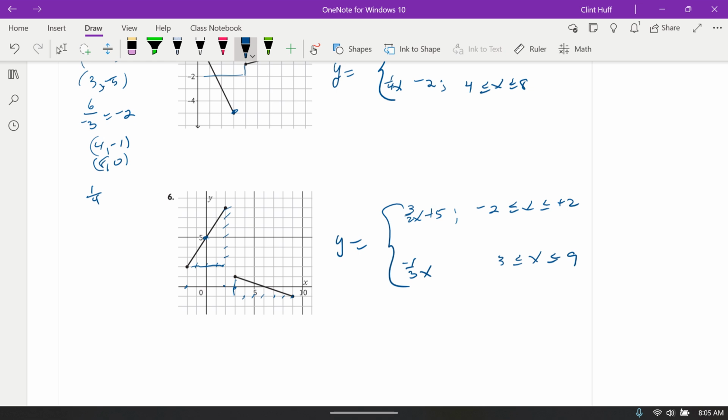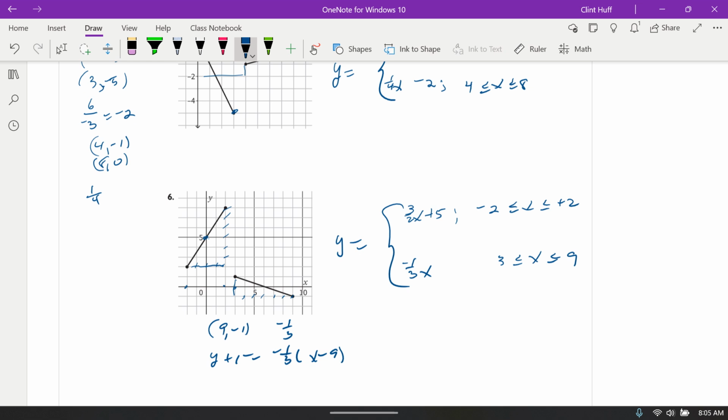And my intercept is what? I don't know. So the way I'll do this one is I'll take this point, 9, negative 1, with a slope of negative 1/3, right? So I'm going to do y plus 1 equals negative 1/3 of x minus 9.